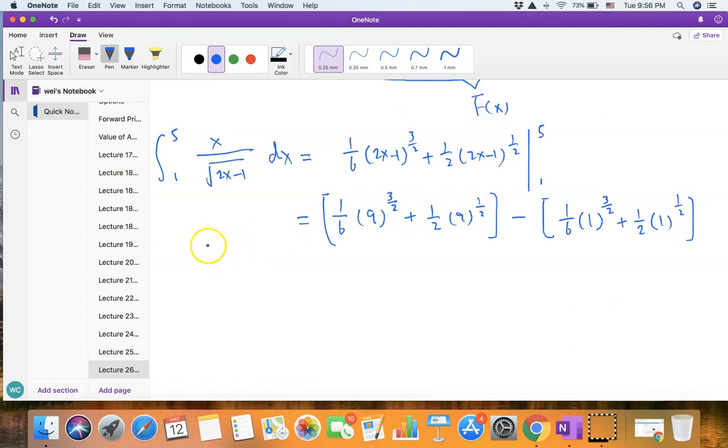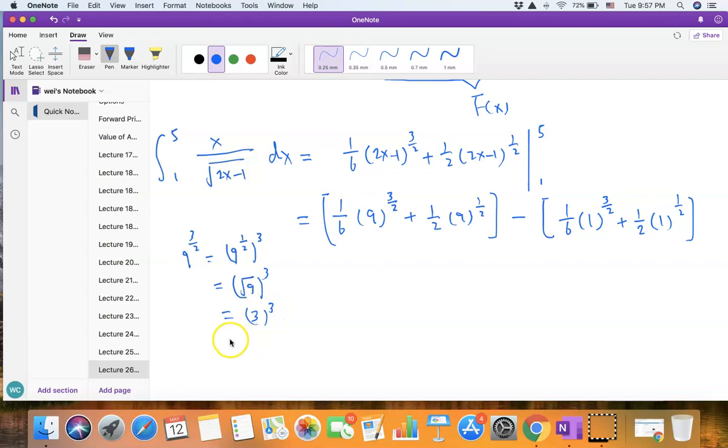So let's see what 9 to the power of 3 over 2 equals. We can see this as the square root of 9 cubed, because we can see this as 9 raised to the power of 1 over 2, and then raised to the power of 3, and 9 raised to the power of 1 over 2, we know that is the square root of 9. And the square root of 9 is 3.